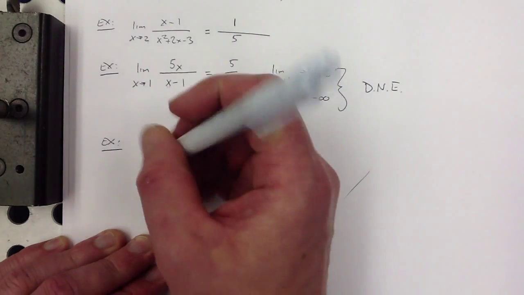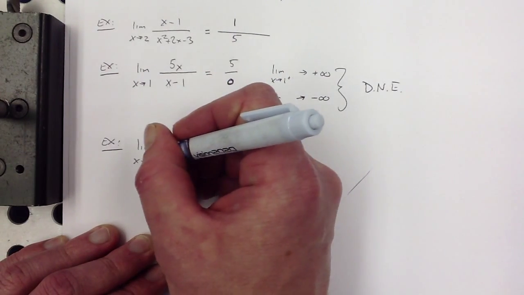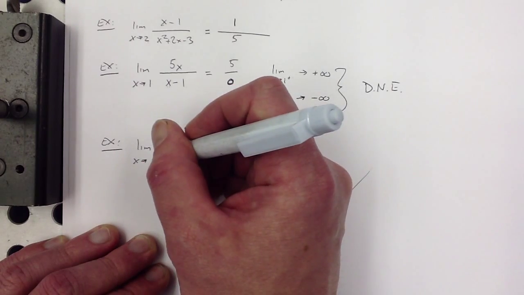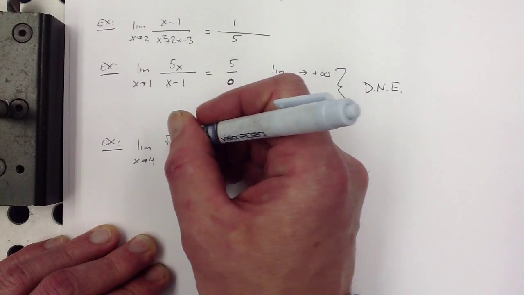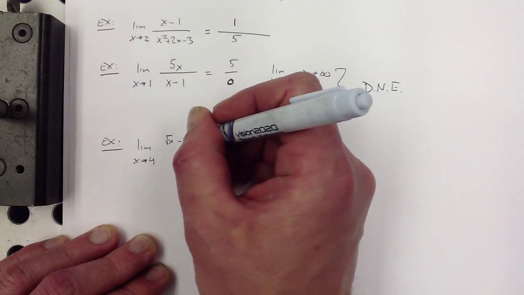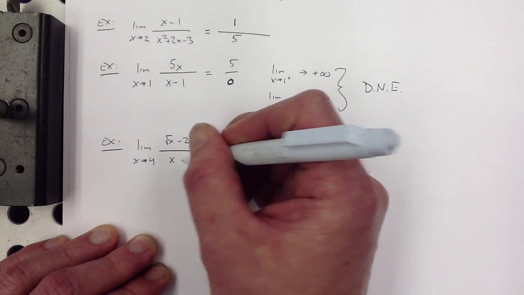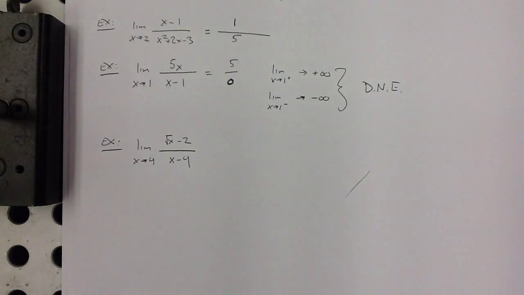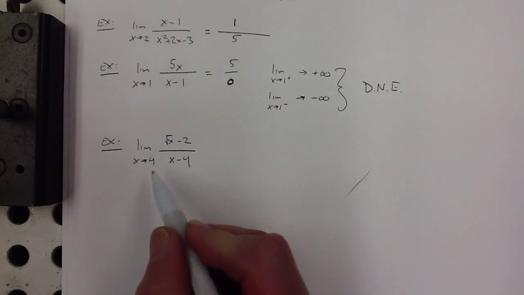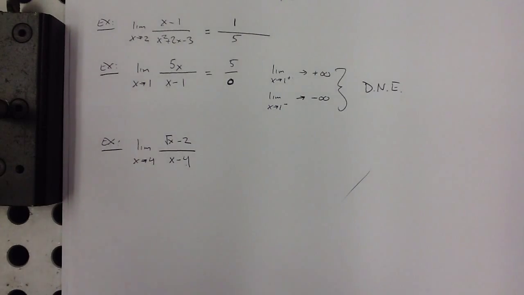Here's another example. What is the limit as x approaches, let's say 4, of the square root of x minus 2 over x minus 4? Well, you try plugging the 4 in, you get 2 minus 2 over 4 minus 4, that's 0 over 0, that is an indeterminate form.